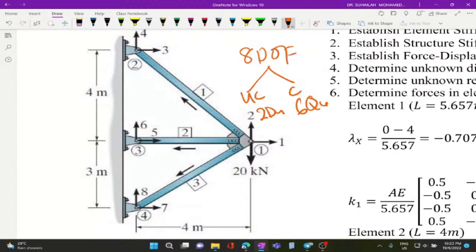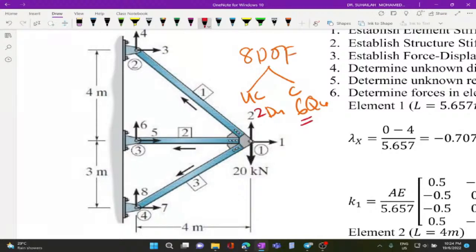There are 2 degrees of freedom for the unconstrained system, represented by 1 and 2. And there are 6 degrees of freedom which come from the reactions, which come from the pins, because a pin is a support. So there are 3 pin supports, and 3 pin supports mean there are 6 degrees of freedom, 6 unknown reactions.